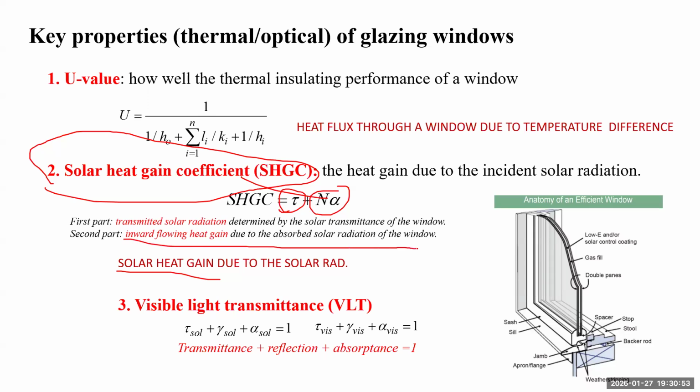That's two parts. And the U value is used to measure the thermal insulation performance. Then we consider the temperature difference, and we can calculate the heat flow due to the outdoor and indoor temperature difference. But for windows, especially in Hong Kong, the solar heat gain coefficient is more important because glazing windows introduce a large amount of solar energy into the space.